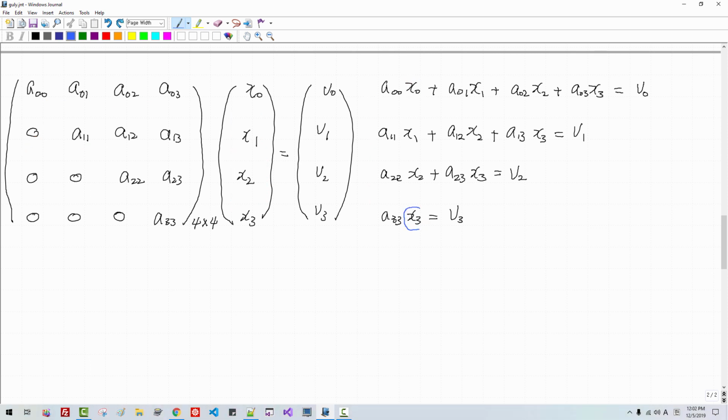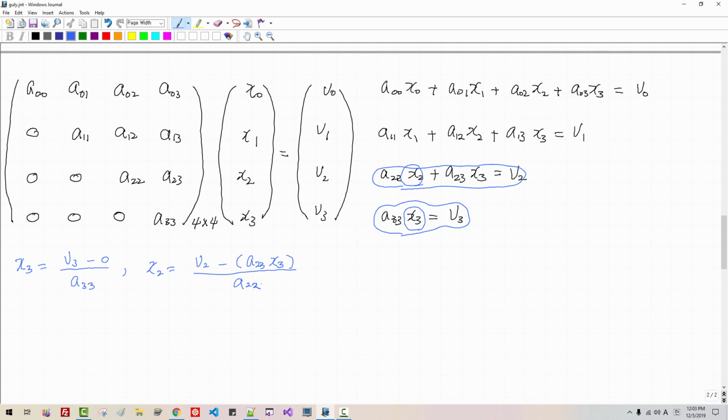We start with x3. If we solve this last equation for x3, then it becomes x3 equals v3 over A33. If we solve this equation for x2, then x2 becomes v2 minus A23 x3 over A22.